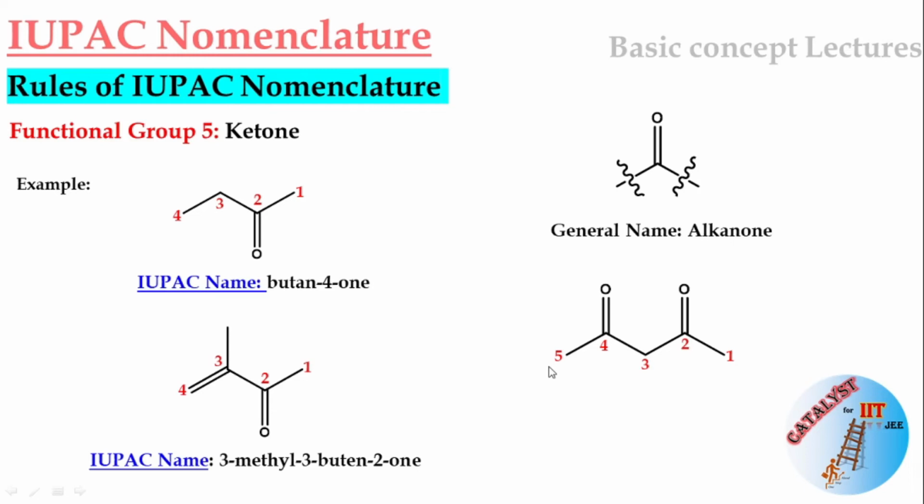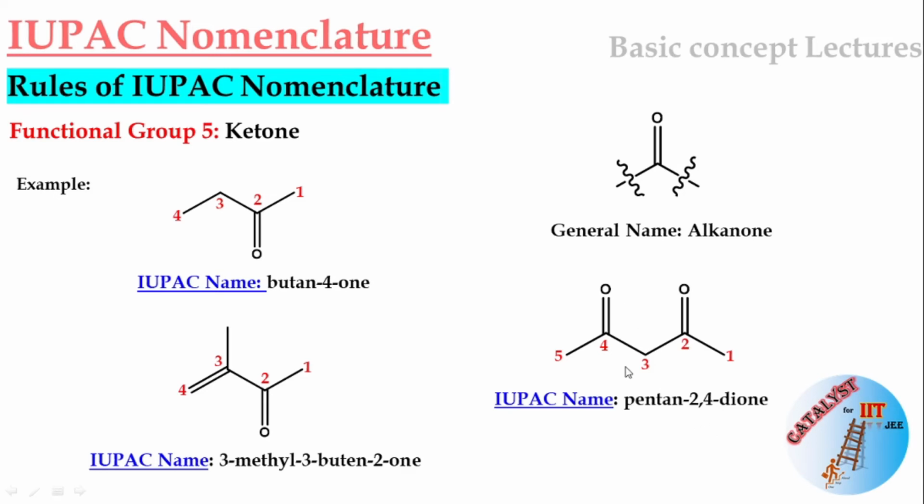So this is the numbering given to your parent chain: 1, 2, 3, 4 and 5, and on second and fourth position your ketone functional group is present. So the IUPAC name is pentane-2,4-dione. Di, because two carbonyl or ketone groups are present.